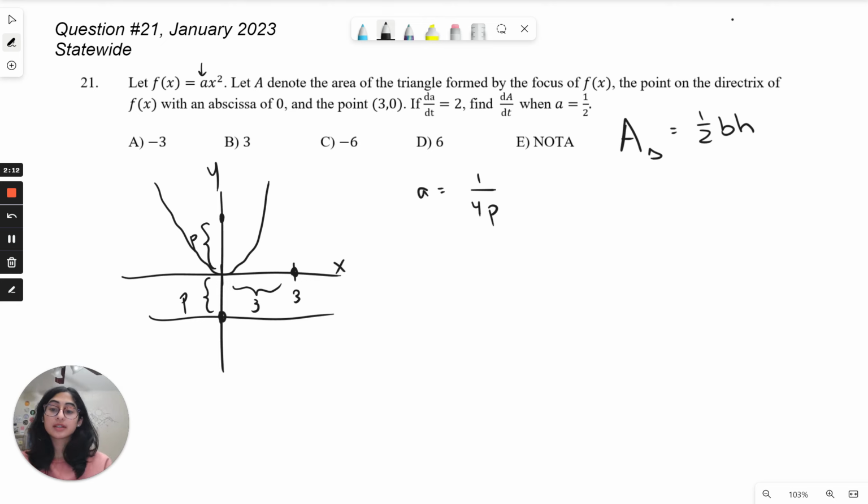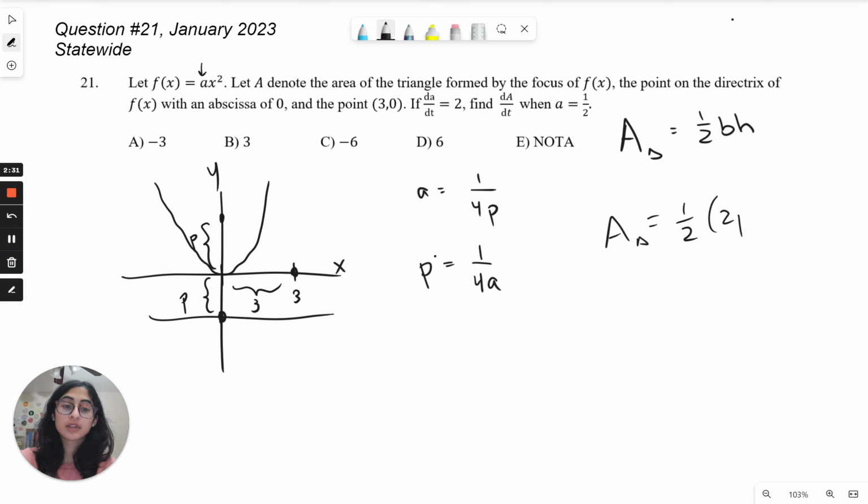So since the base is equal to 2p, we can put that in terms of A, and so we get p is equal to 1 over 4a, and so we can say that the area of this triangle is going to be 1/2 times the base, which is 2p, times the height, which is 3. And so the 1/2 and the 2 will cancel out, and we get that the area is p times 3. But remember, p is equal to 1 over 4a. So we have 1 over 4a times 3.